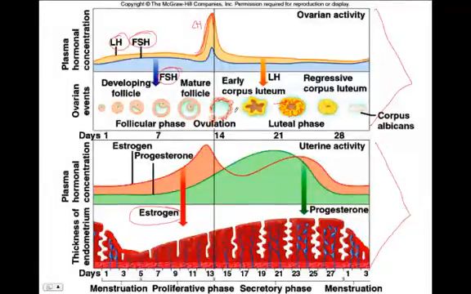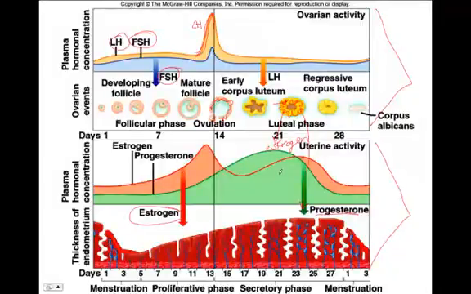As those follicular cells become the corpus luteum, they're going to start to secrete estrogens and progesterone. So this corpus luteum now will secrete estrogen and progesterone, which is what you see here.